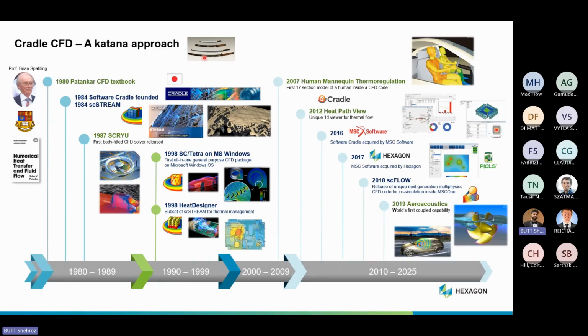I don't know if you're familiar with this, but some of the properties of this item are that it's very sharp, easy to use, and a robust item. These characteristics can be applied to Cradle as well. It's simple-to-use software with an easy interface, the meshing is very fast, and it has a very robust solver to help you solve even complex physics.